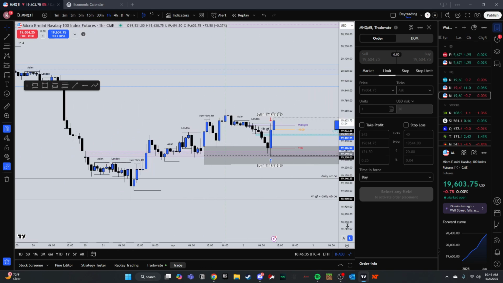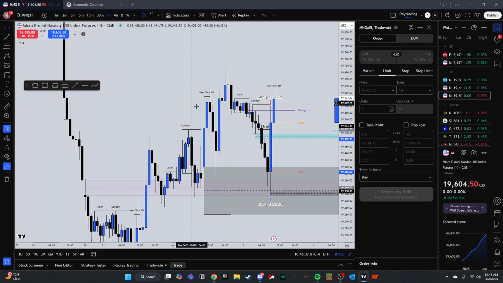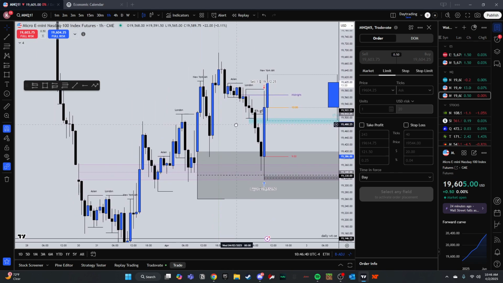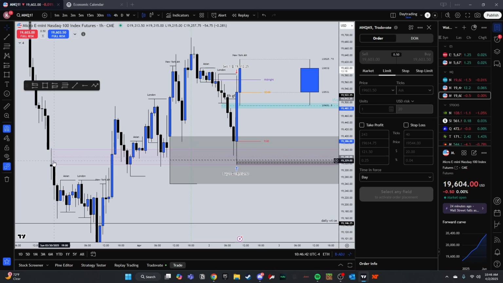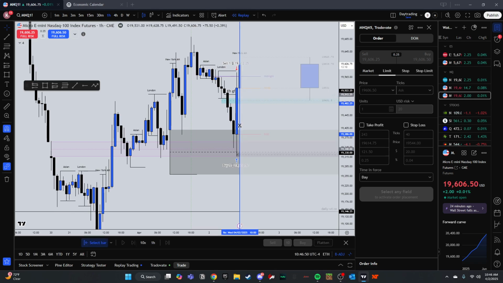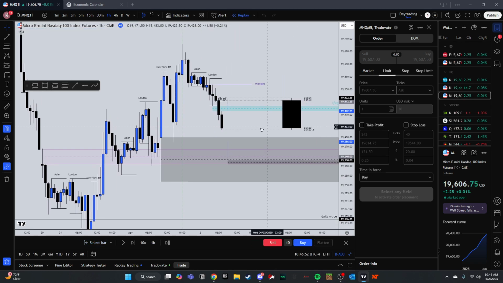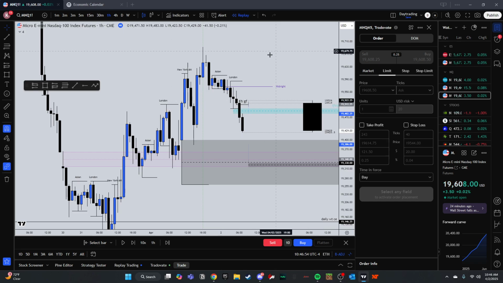Coming into the day, I think hourly was the highest time frame I used. We have this new week opening gap. I'm going to wind the clock back to 8 o'clock. So we come onto the chart, and this is what we see: this new week opening gap, this rejection block, this liquidity here.